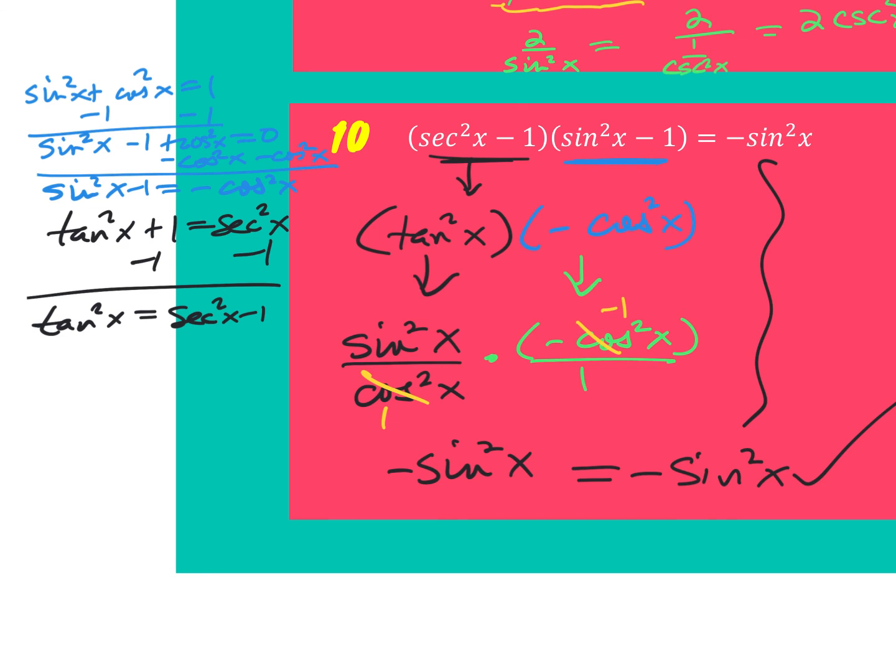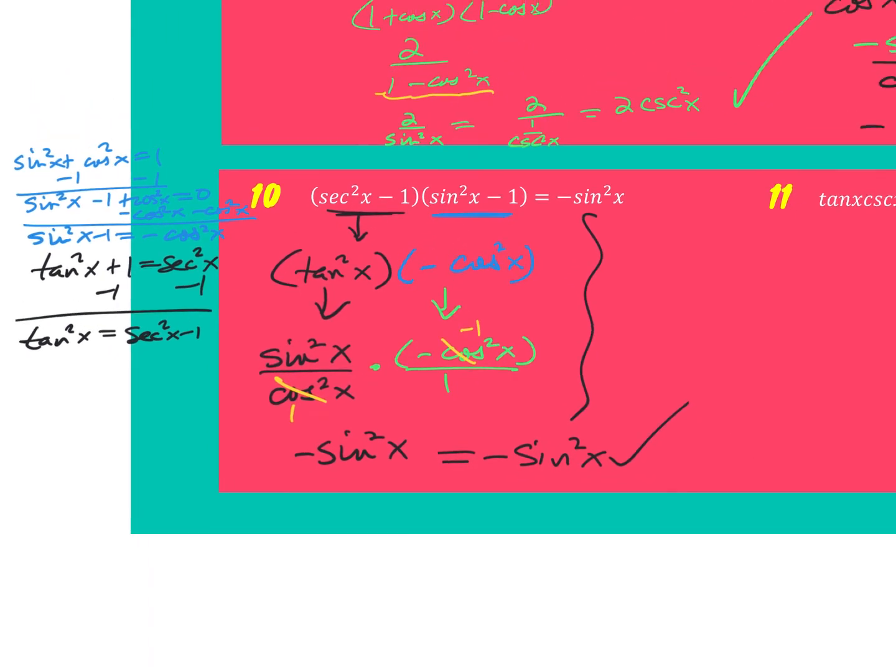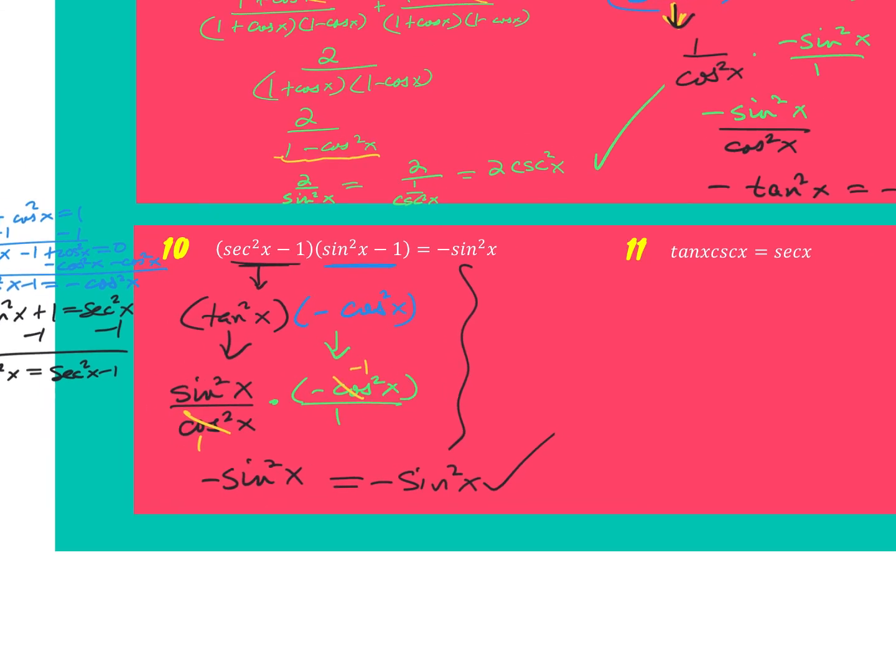Everything's going to verify. You will be able to simplify everything. And then let's do one last one. I'm going to change everything to sines and cosines. So for number 11, I'm going to change tangent to its quotient and cosecant to its reciprocal. So tangent becomes sine x over cosine x, and then cosecant is going to become 1 over sine x.